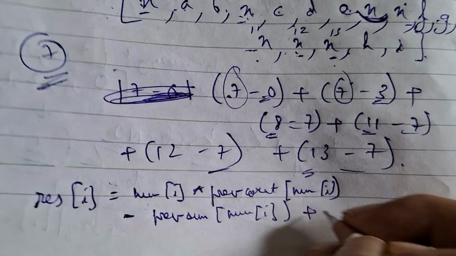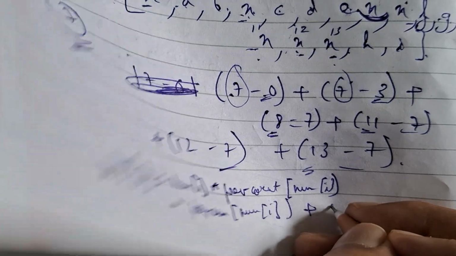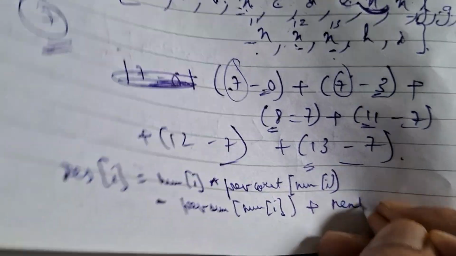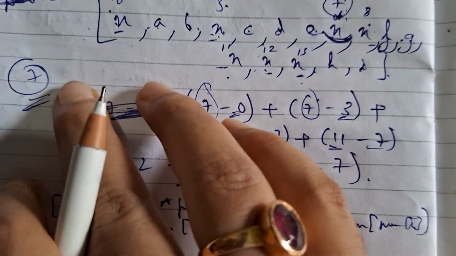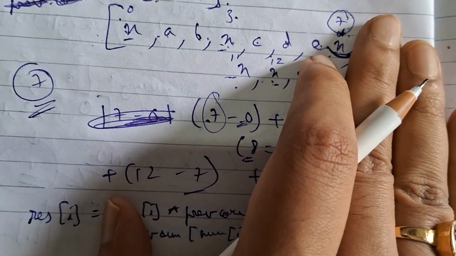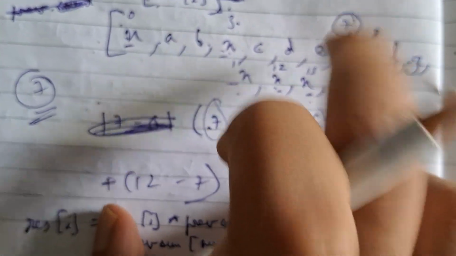Then we add the next sum of nums[i], that is the sum of all the positions towards the right of that position where the elements are equal to that element.